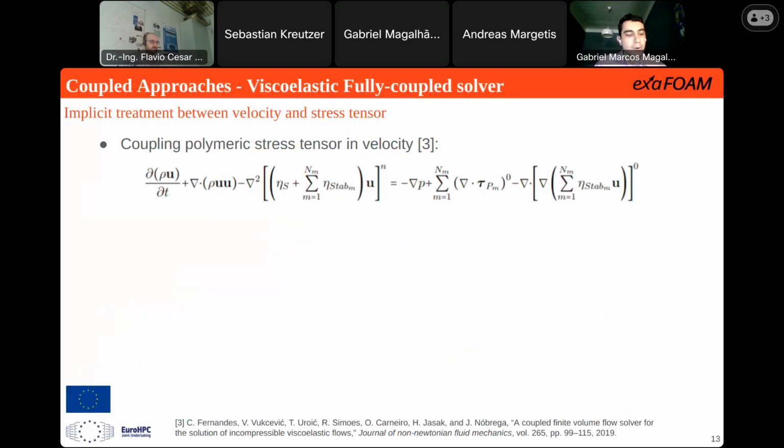Our main goal was to develop a fully coupled approach to simulate real cases. And when we are talking about real cases, we need to use multi-mode fluids. Generally, the real fluids are represented by multi-mode.